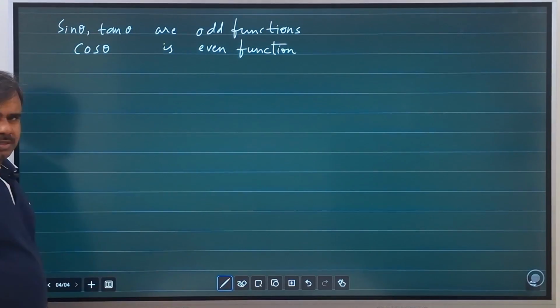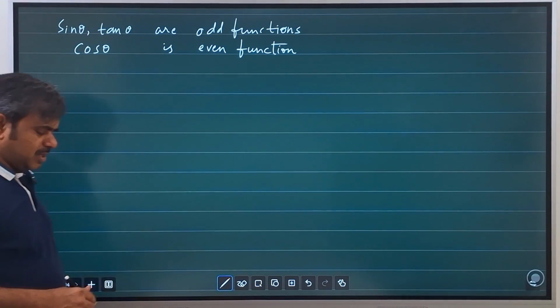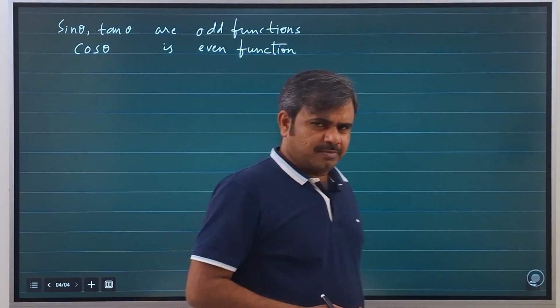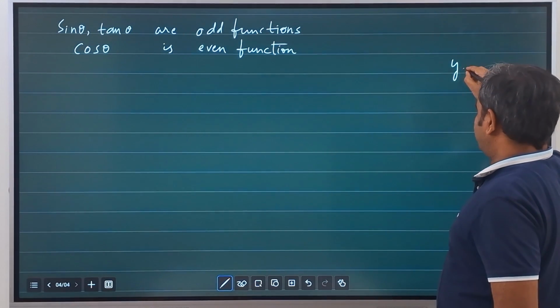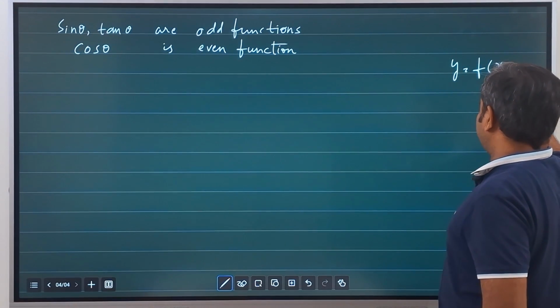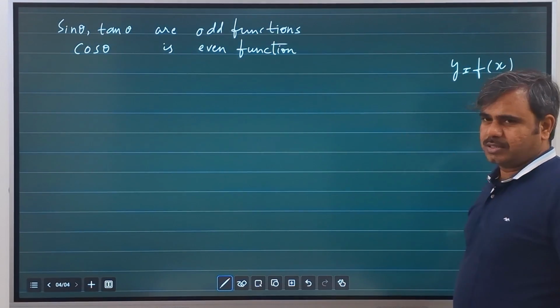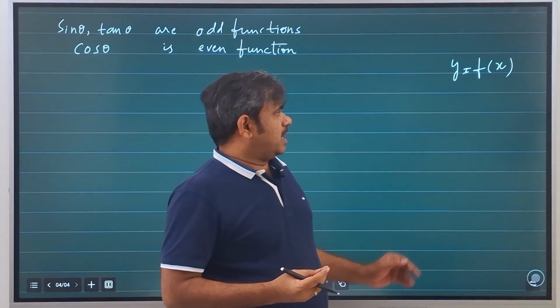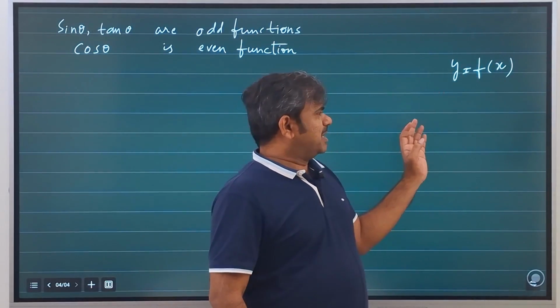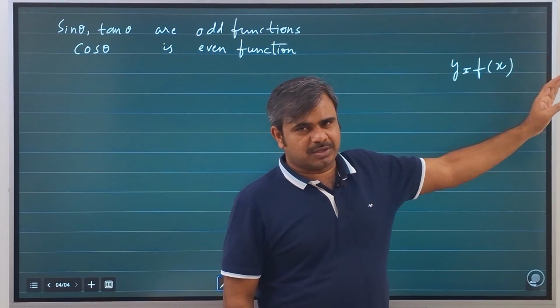In mathematics, a function is said to be an odd function. Function simply means, if I write y is equal to f of x, function means dependence, that's what it means. When we write y as a function of x, what it means is y depends on x.